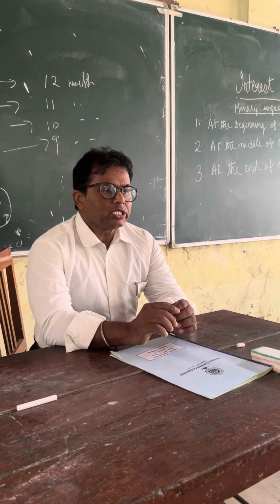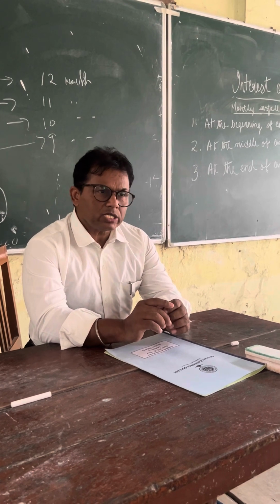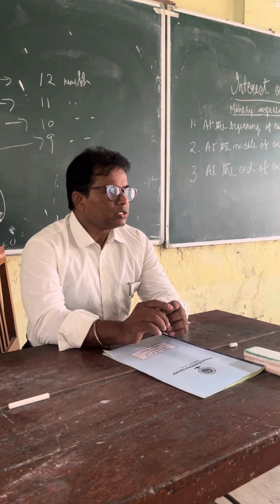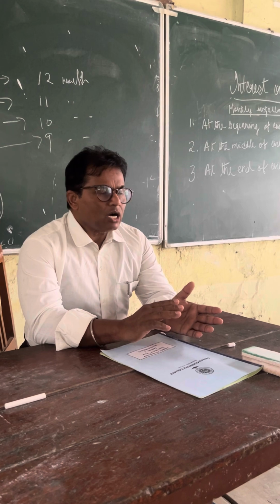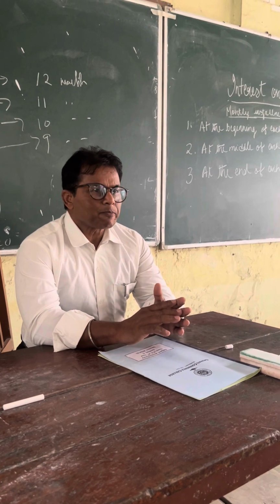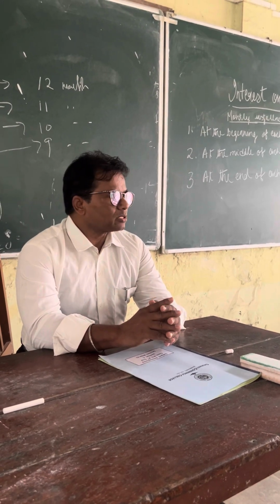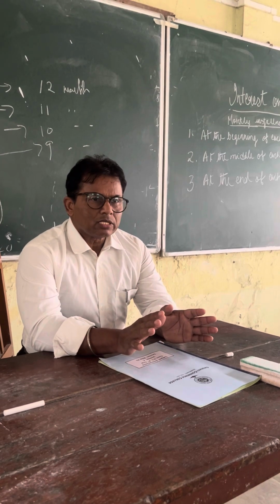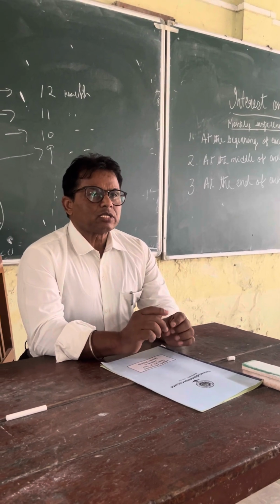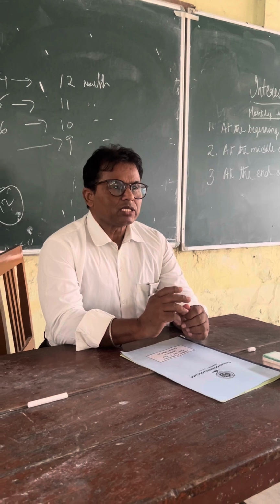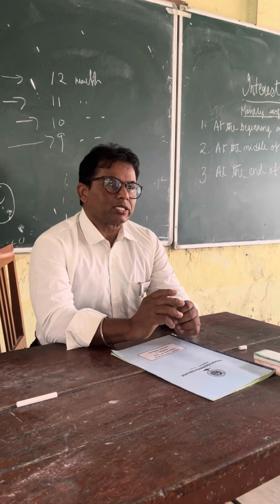That means he drew the money from 1st April 23 to 31st March 24. Now suppose in the question it is given the rate of interest is 5%. Now here he is drawing 10,000 every month at the middle of each month.